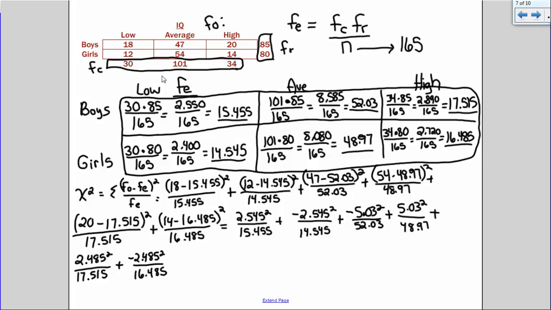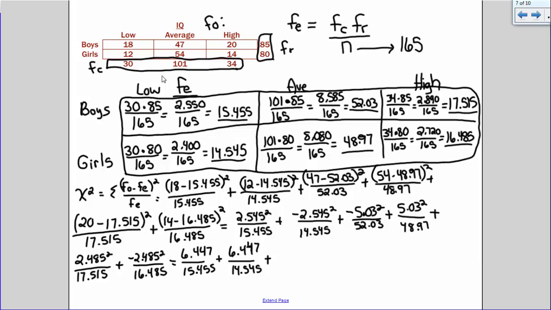Woo! All right, now we're squaring all of these values. So we end up with 6.447 divided by 15.455 and 6.447 divided by 14.545.